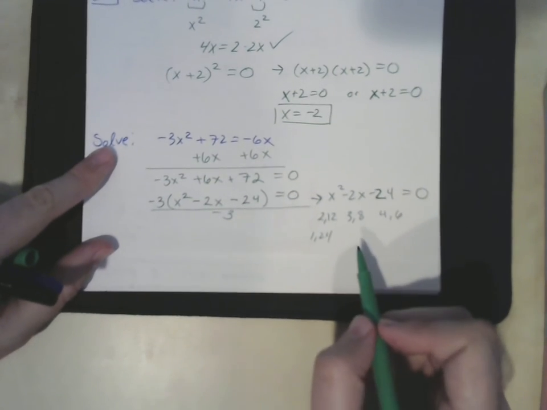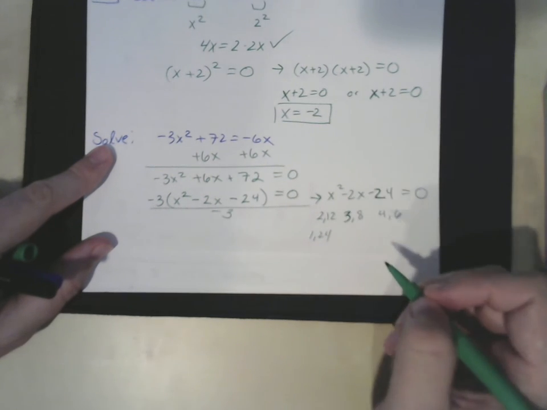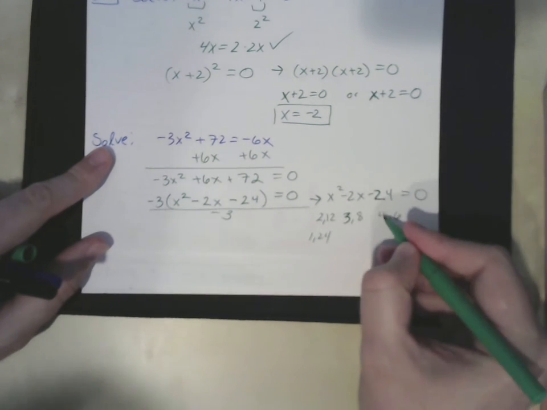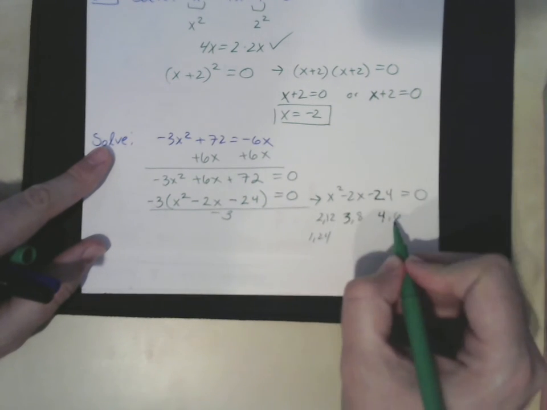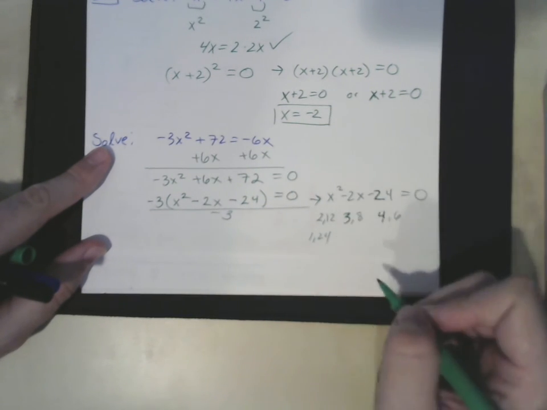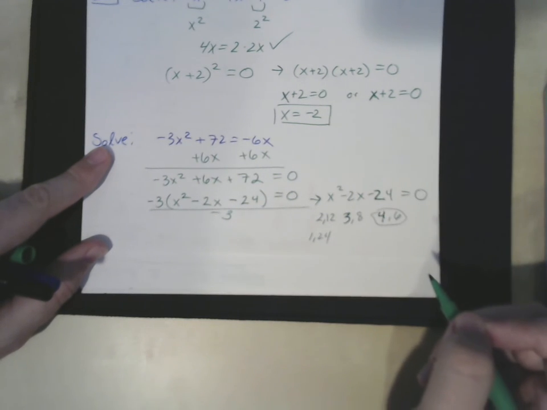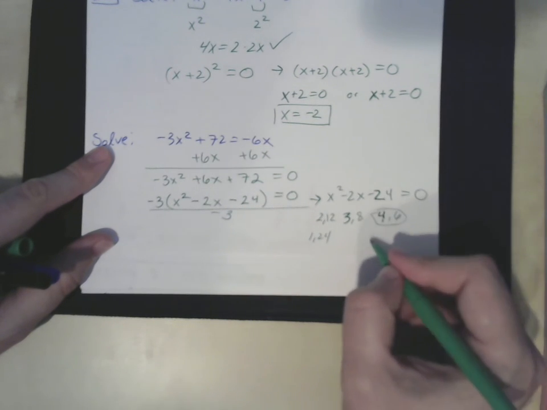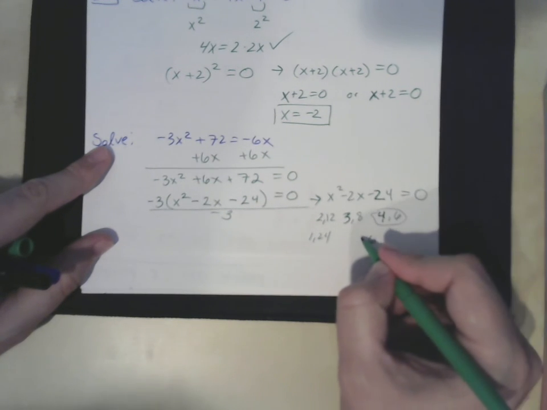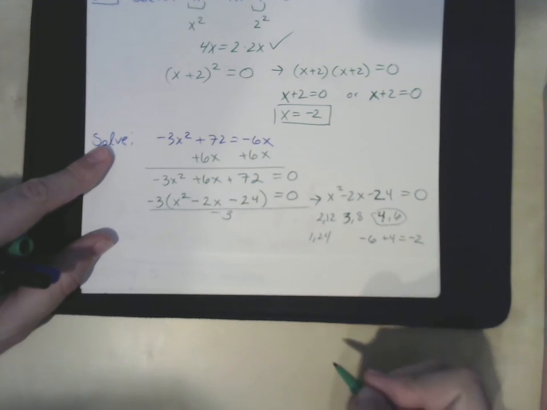So when we're thinking about what our factors are, we need it to add to negative 2, so we know one of these or both need to be negative. And there's only one pair here that has a difference of 2 between them, and that's 4 and 6 right here. And so if I want it to be negative, 6 needs to be the negative number because negative 6 plus 4 gives us negative 2.